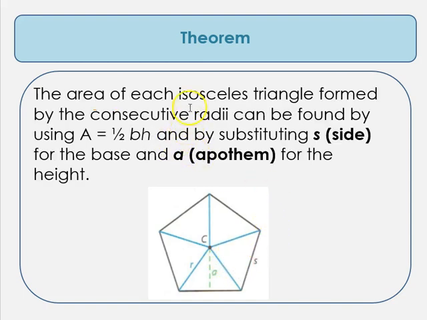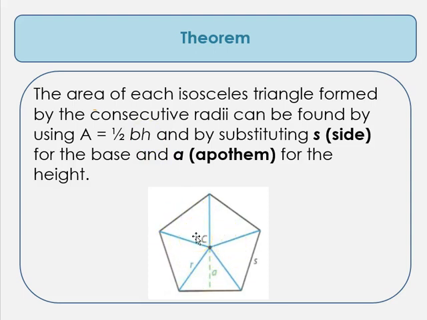The area of each isosceles triangle formed by the consecutive radii can be found by using the triangle theorem. Area equals 1/2 base times height. So what we're going to do is to solve area of some of these.